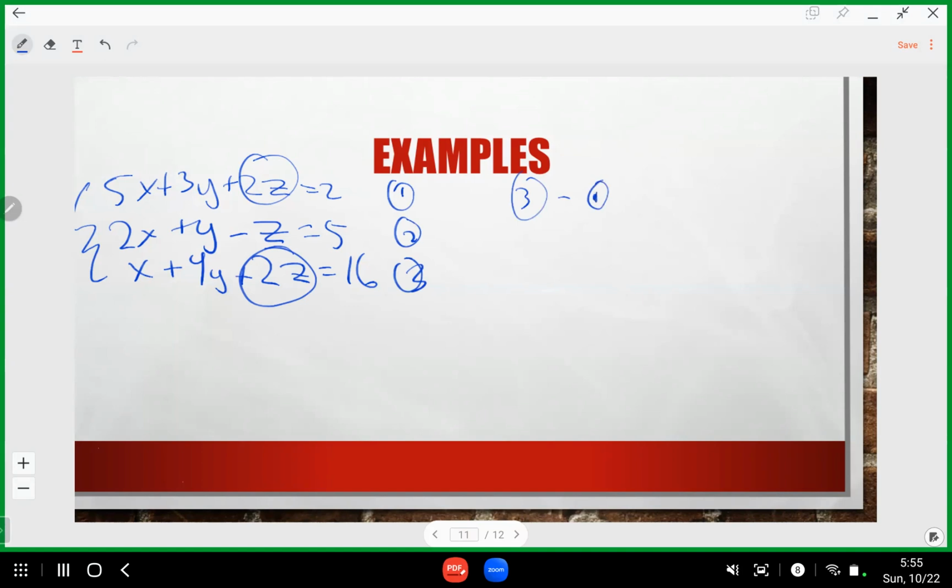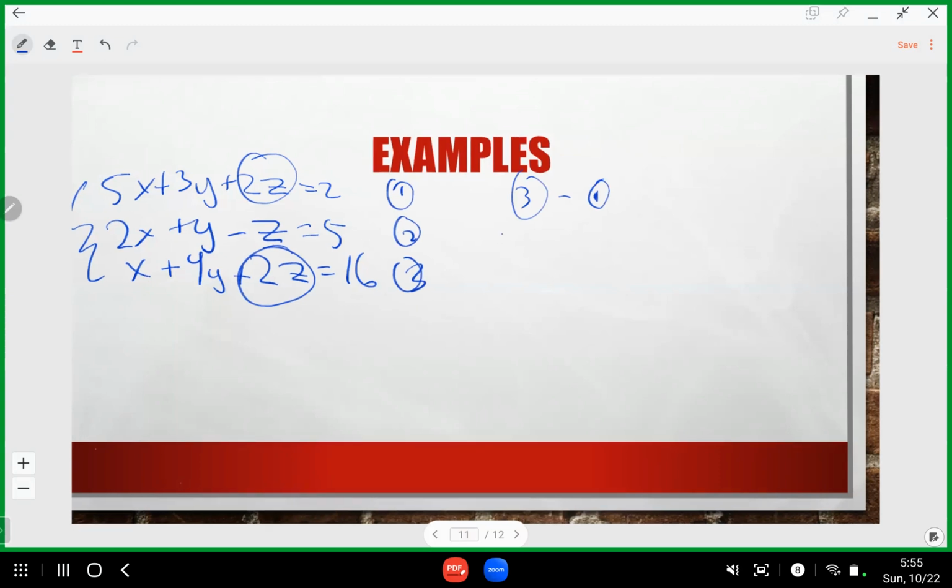So equation 3 minus equation 1 is going to be negative 4x plus y, and that is no z's, right? This is 14. So now we have an equation with two variables.